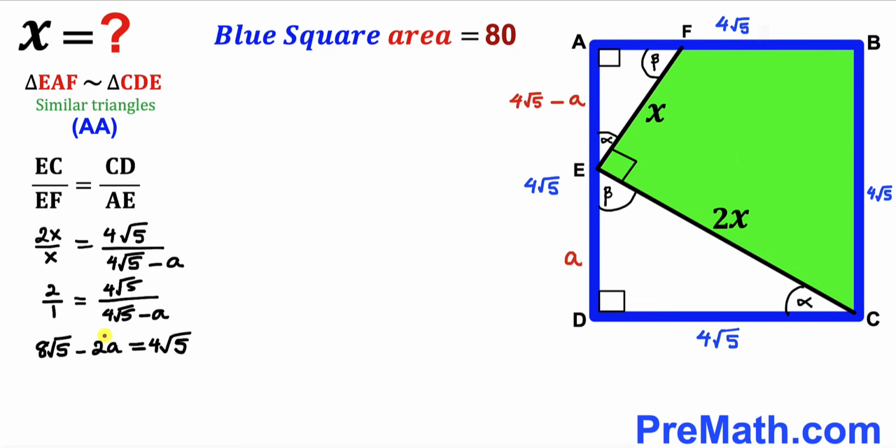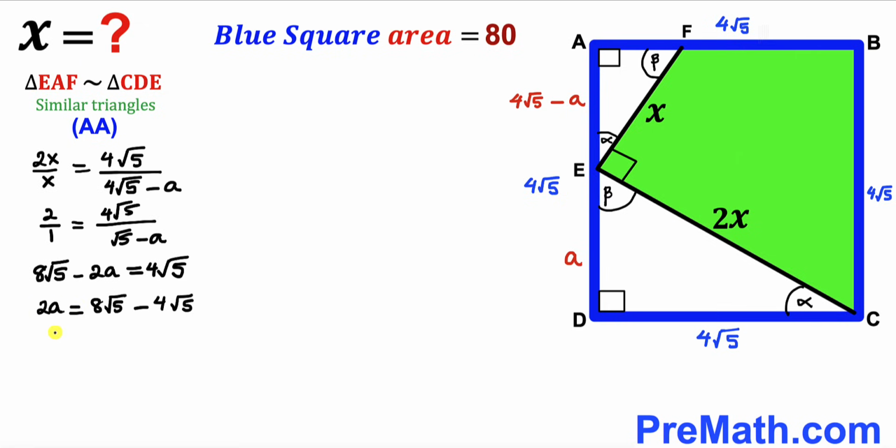In this next step, I'm going to move the 2a to the other side, and likewise move the 4 times the square root of 5 in the opposite direction. So we can write 2a equals 8 times the square root of 5 minus 4 times the square root of 5. Therefore 2a equals 4 times the square root of 5.